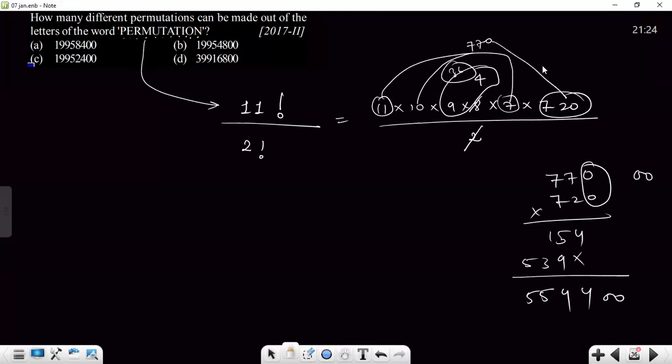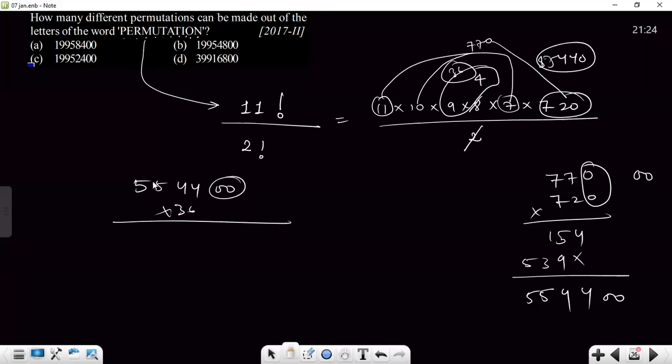We have multiplied these and got 55440. Now 36 is also getting multiplied. Let's leave those double zeros and we'll write them after solving. 6 into 4.